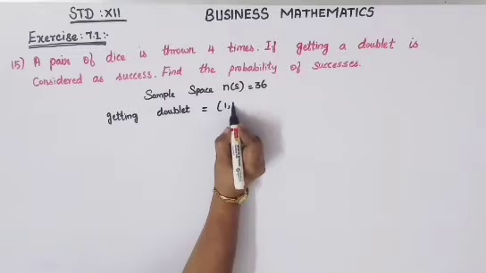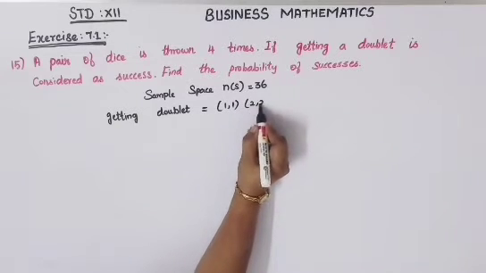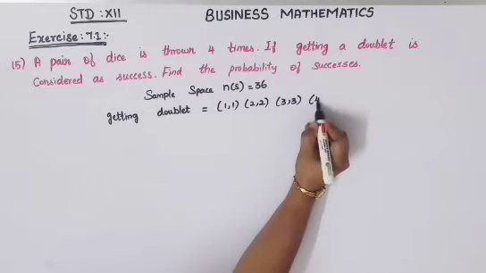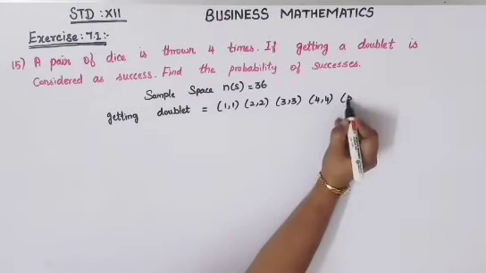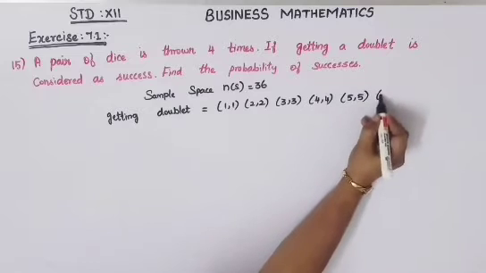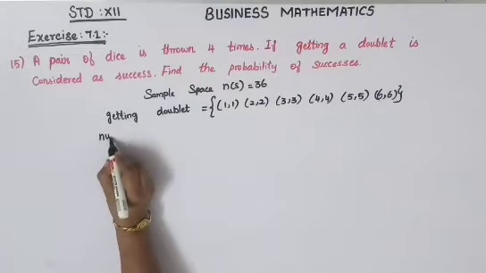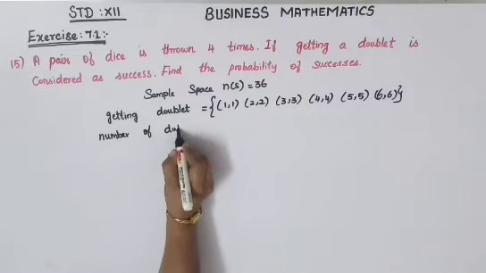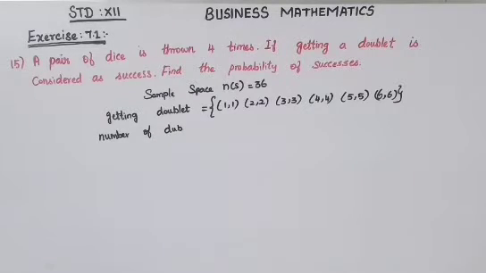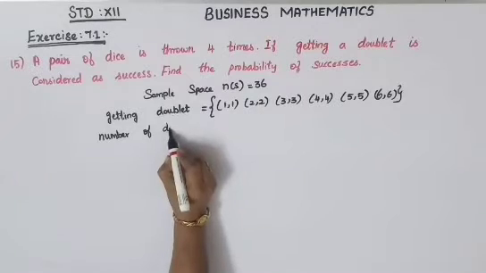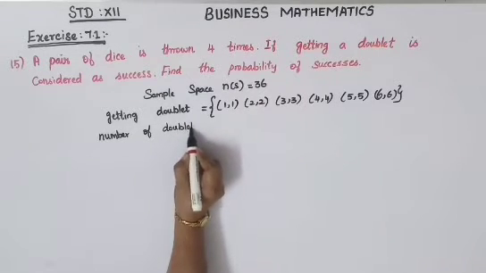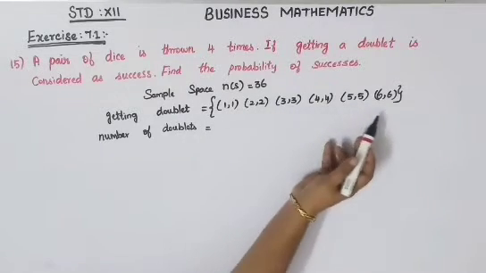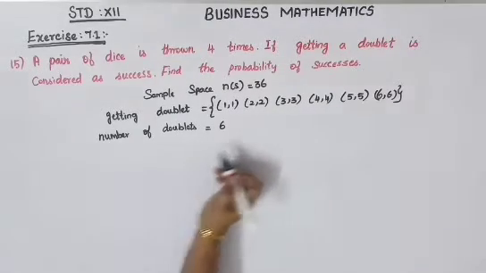So you will get 1,1, 2,2, 3,3, 4,4, 5,5, then 6,6. So the number of doublets is equal to, just count the pairs: 1, 2, 3, 4, 5, 6 pairs are there, so 6.